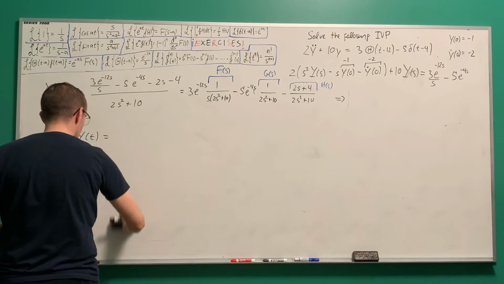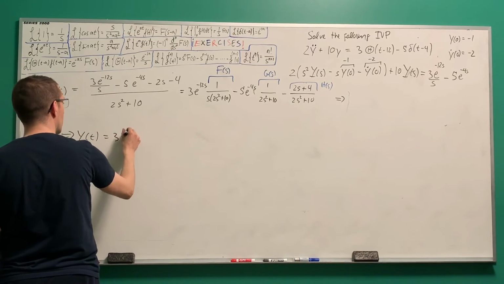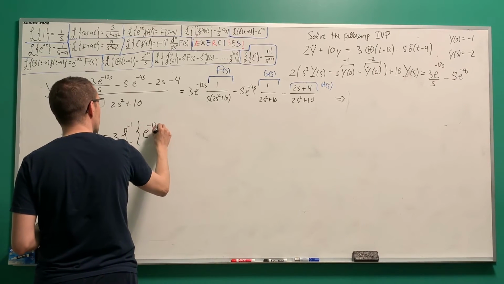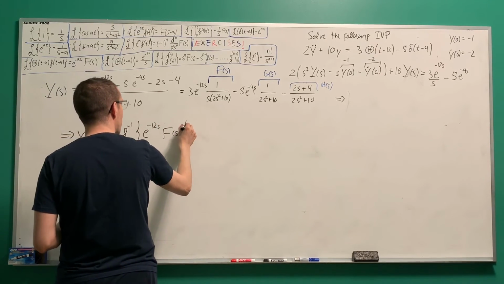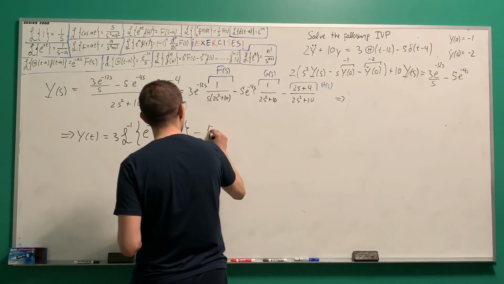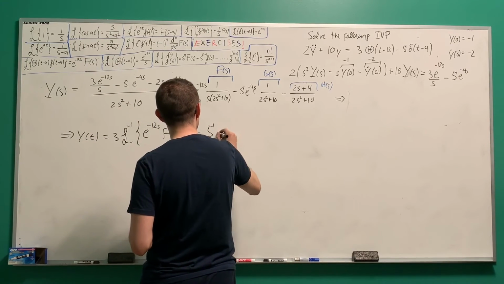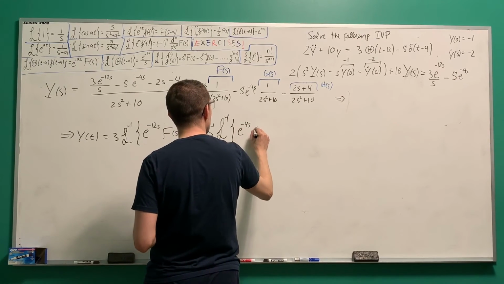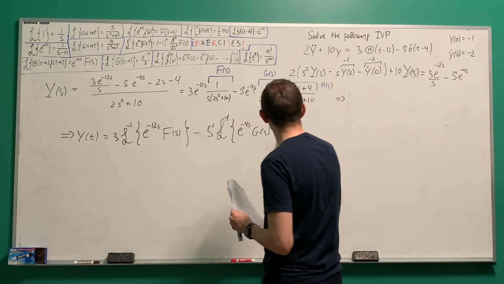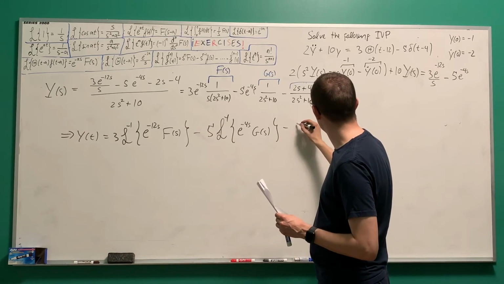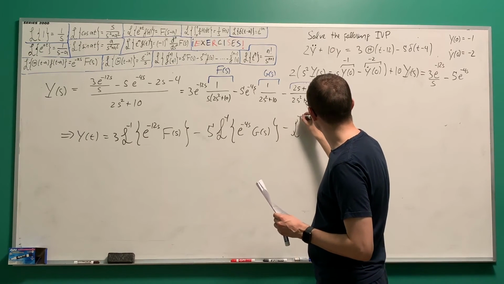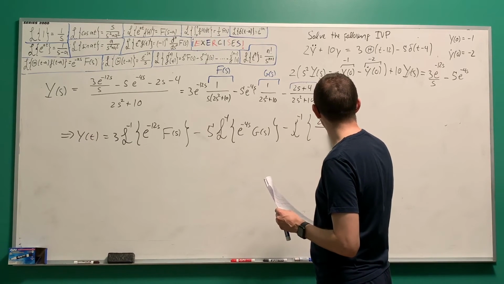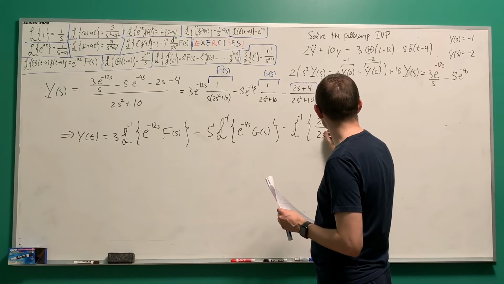So 3 times the inverse Laplace of e^(-12s) F(s), minus 5 times the inverse Laplace transform of e^(-4s) G(s), minus the inverse Laplace of (2s plus 4) divided by 2s squared plus 10.